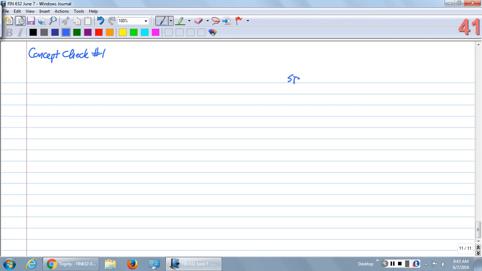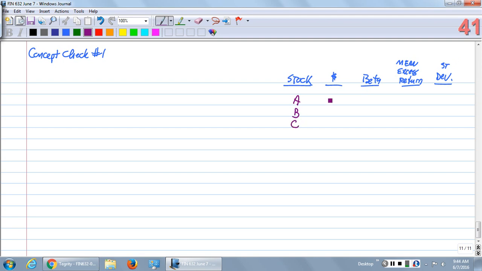Let's see, this is going to be the stock, dollars, beta, mean excess return, and standard deviation. So we've got stock A, stock B, stock C.